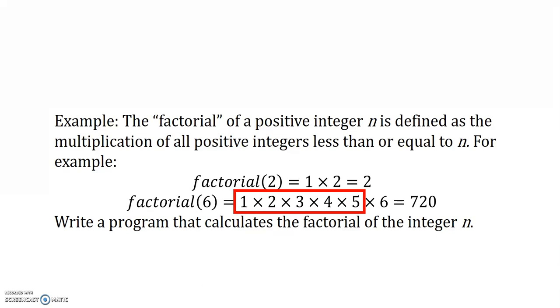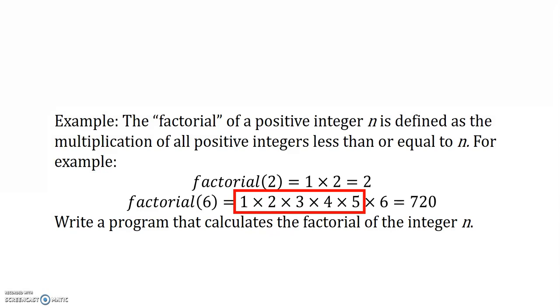And so if we can calculate the factorial of 5, then it's easy to calculate the factorial of 6. But then to calculate the factorial of 5, we need to know first the factorial of 4, and so on and so forth. Do we ever get an answer then? Well, yes, because the good news is we know for sure that the factorial of 1 is just 1.